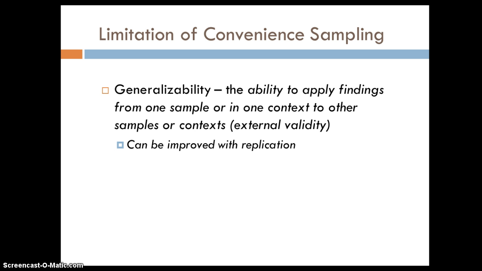And so if we find the same findings, then we have more confidence in our ability to generalize beyond the particular sample that we started with. So that's part of the reason why we use replication in our studies in terms of the scientific method.